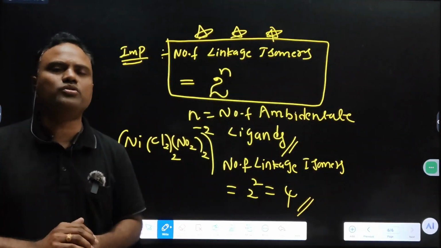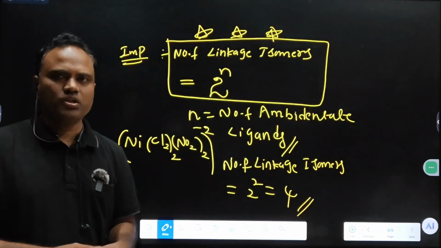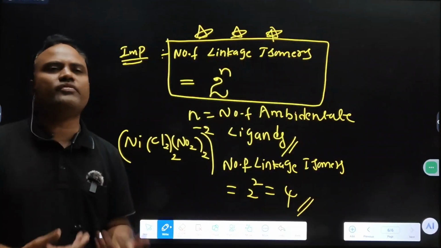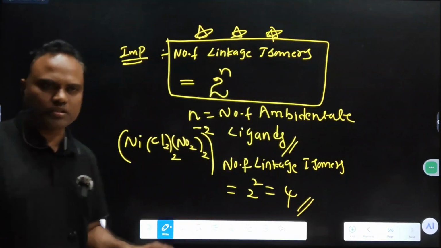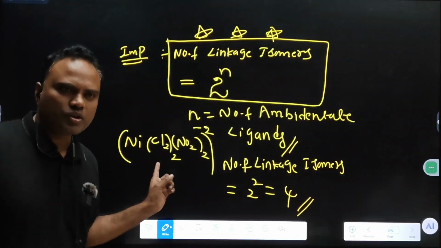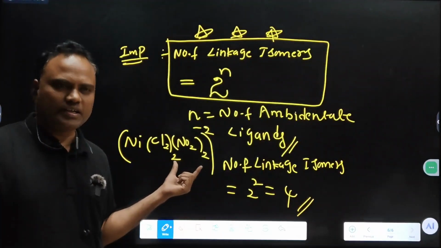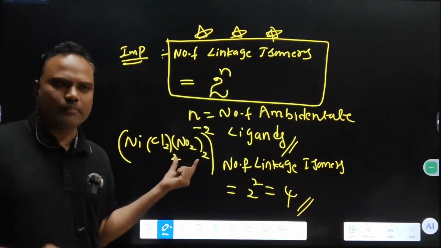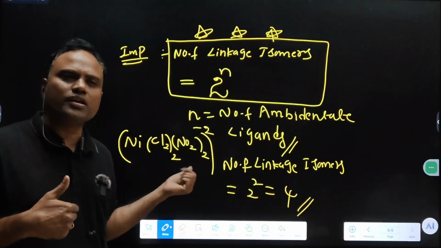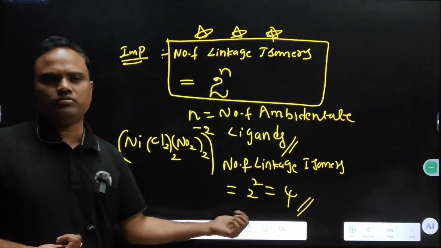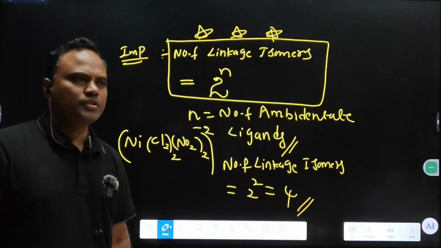First you should know how to find the number of linkage isomers. Clear? Any doubt? Chlorine is not ambidentate. NO2 is ambidentate. How many NO2s are there here? 2. So 2 to the power 2, so 4.